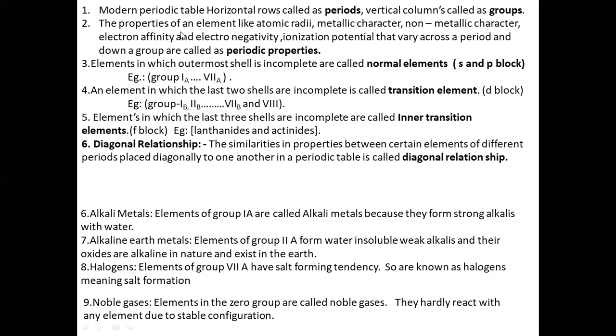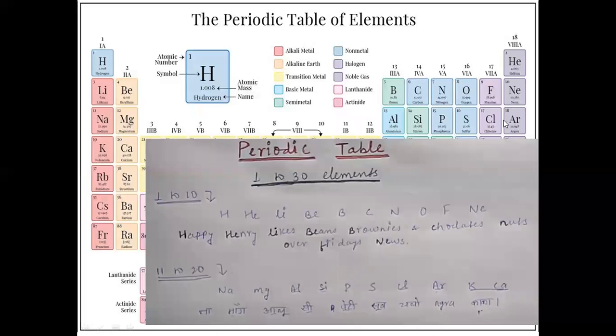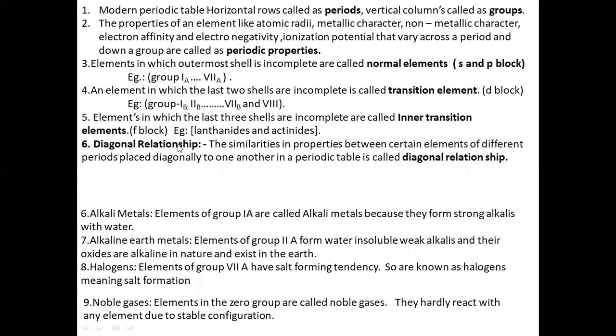What we observed till now is that in a group, properties are the same, and in a row, the number of shells is the same. So diagonally, elements show some similarities, because as we go down it's the same properties, and as we move right they are similar properties, so a combination of both comes diagonally.